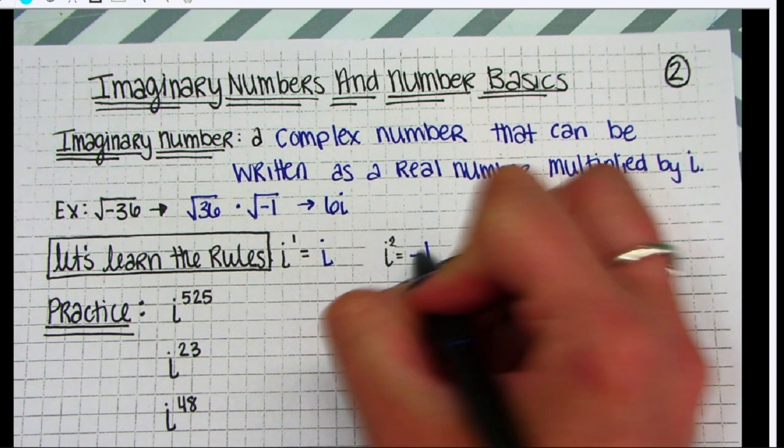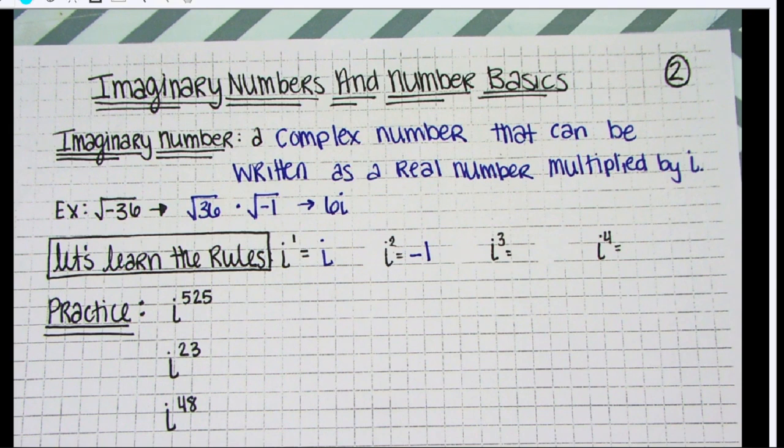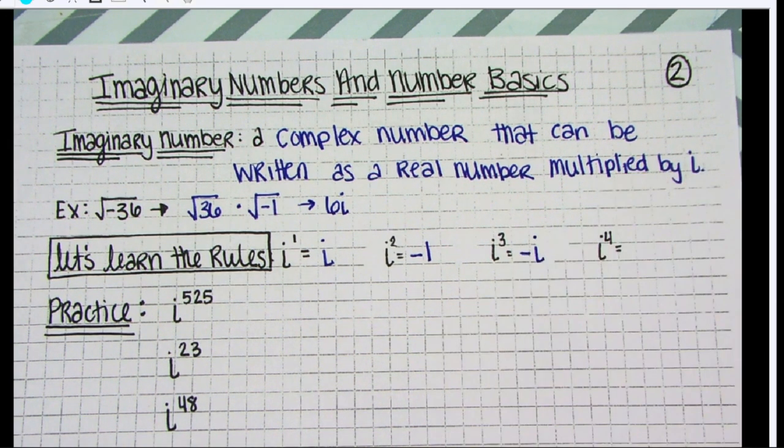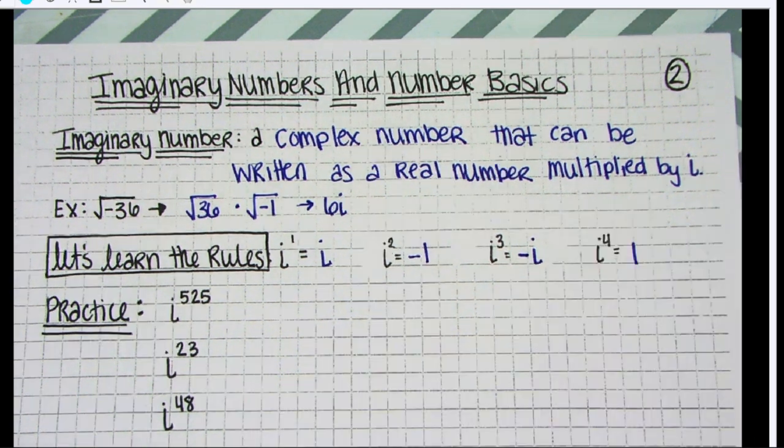I to the third. It has an i in it, but it's going to be -i. So i to the third is -i. What about i to the fourth? Isn't it just 1? It is just 1. Good job, Stephen. 1. Good job.